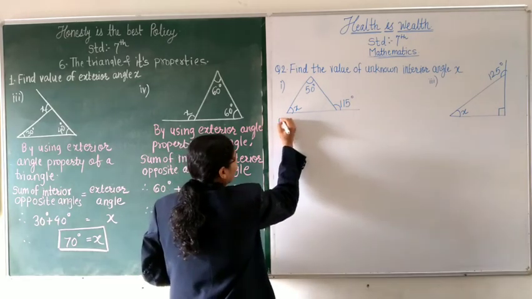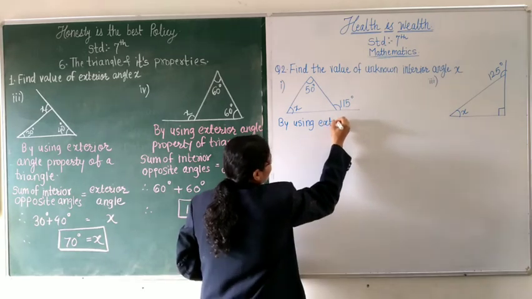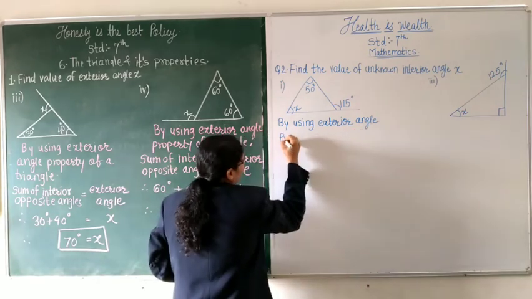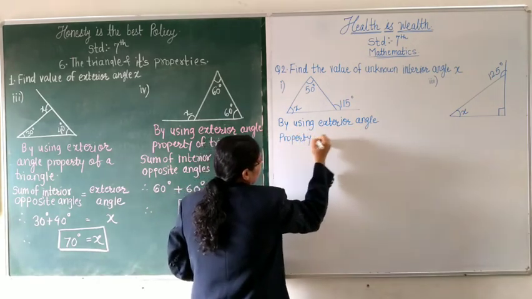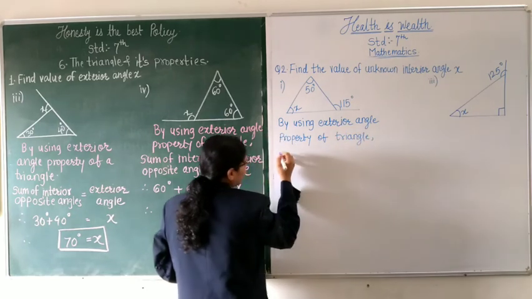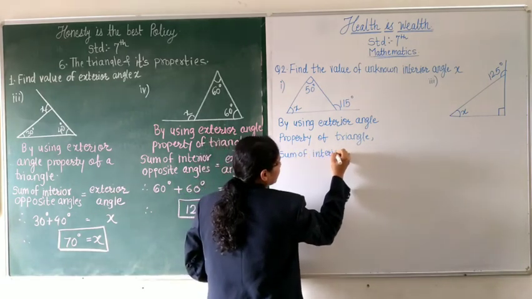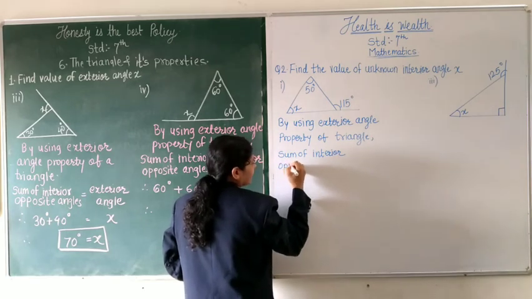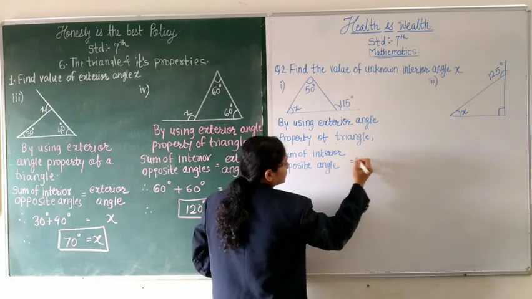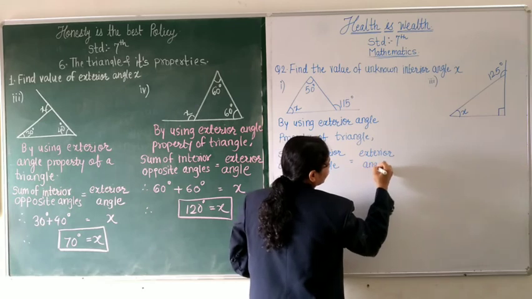So here we will write: by using exterior angle property of triangle, sum of interior opposite angles is equal to exterior angle.